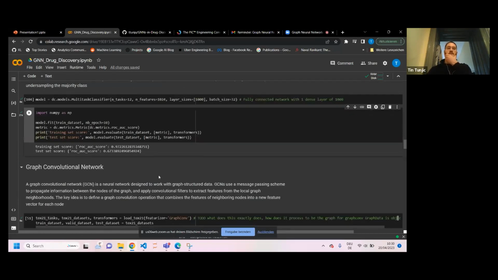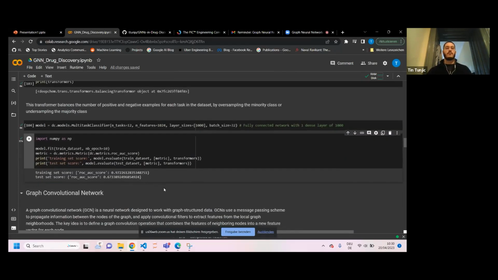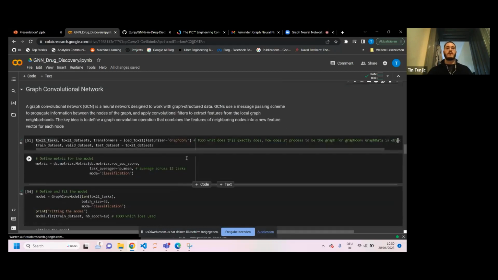Now, when I go into this graph convolution network, this is a completely out of the box training setup. For this graph convolution network, we're not going to specify anything different other than this featurizer that is going to get us the node and the edge embeddings.